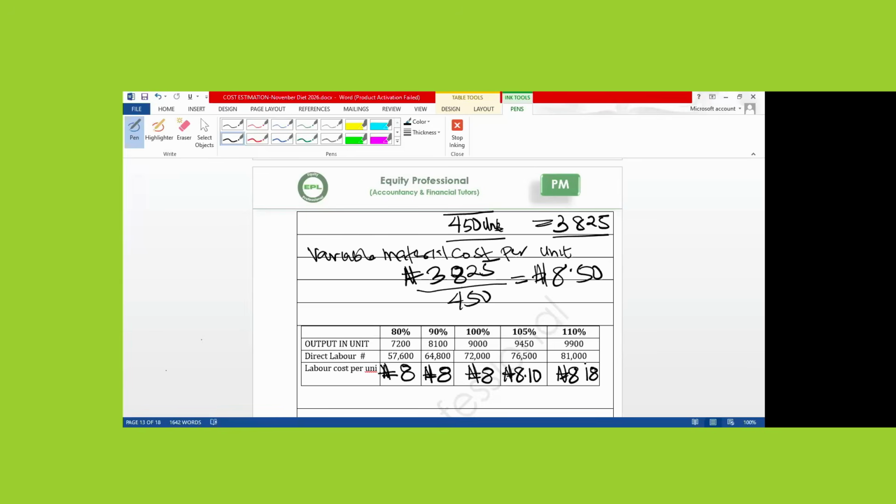What could have happened? Any opinion? Is it the increase in production? When you produce above 100%, there is additional cost. Your labor cost per unit increases. What could have happened?